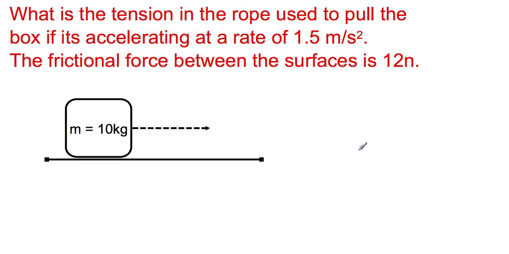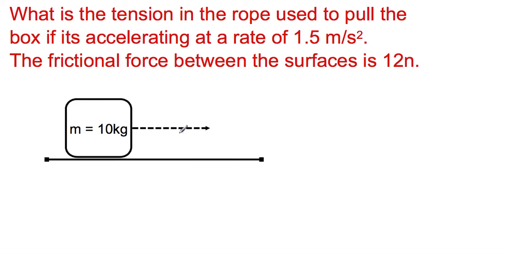Things change slightly when you have something that is accelerating. So we went from a situation that is moving at a constant speed to one that's now going to start to increase velocity. So now our argument that the sum of the forces equals 0 is not going to hold. Here is the question: what is the tension in the rope used to pull the box if it is accelerating at a rate of 1.5 meters per second squared if the frictional force between the surfaces is 12 newtons?